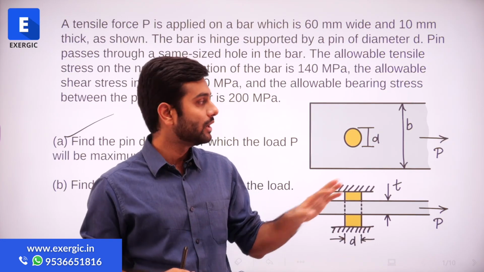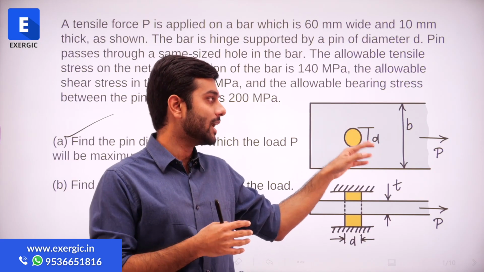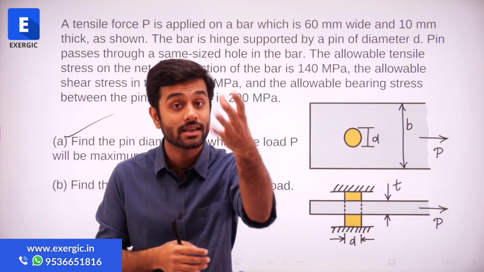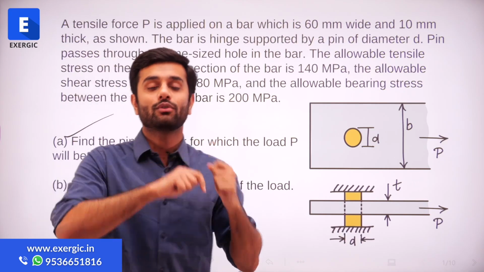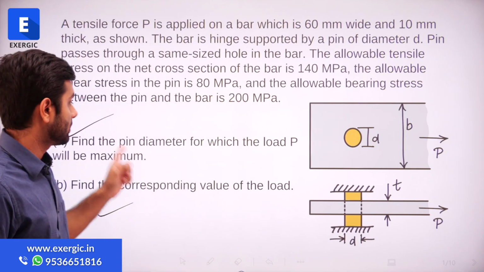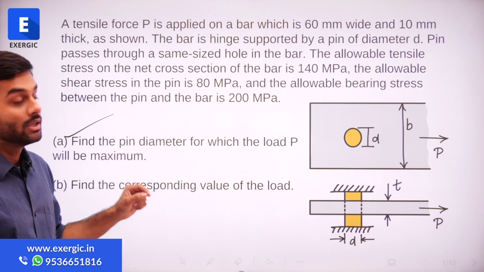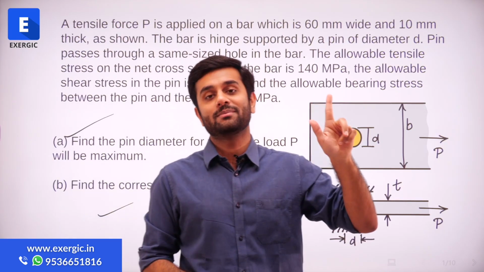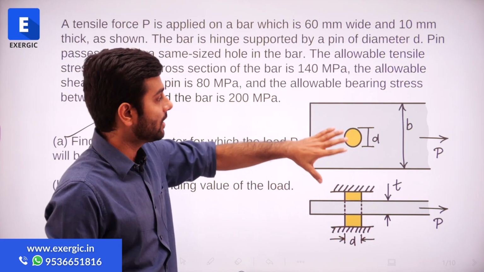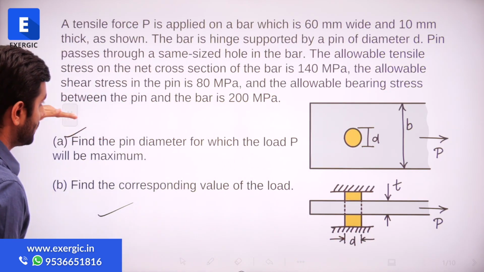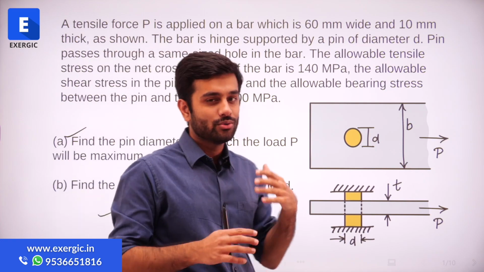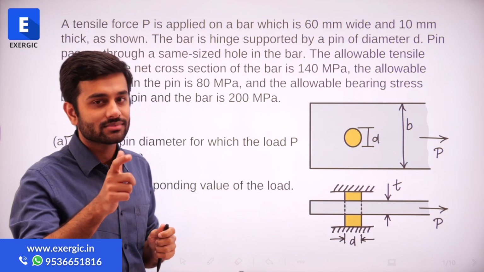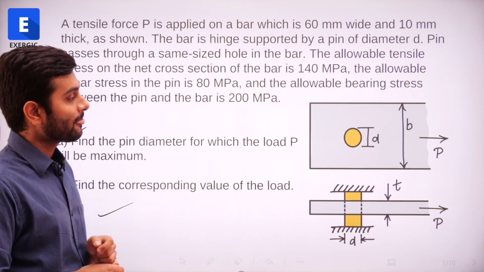It has neither given you diameter nor force, and it is asking you that you tell what should be the value of pin diameter for which load P will be maximum. Also find out the value of P. So although up to this point, question was looking very direct, but now you would have started to feel that something is different in this one, right?